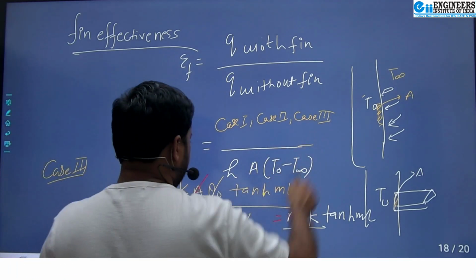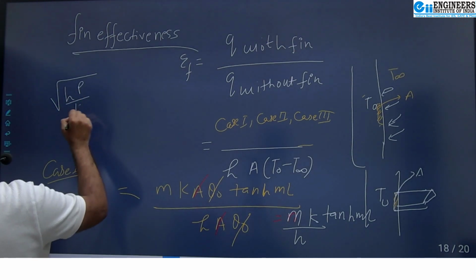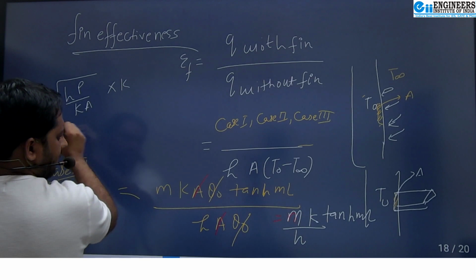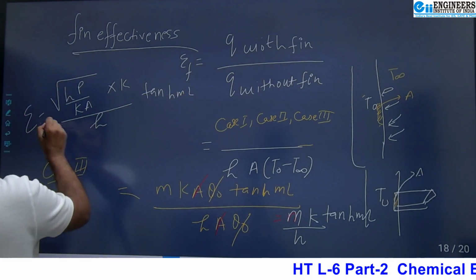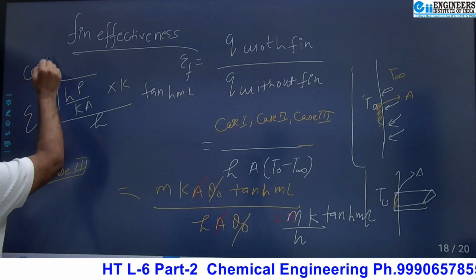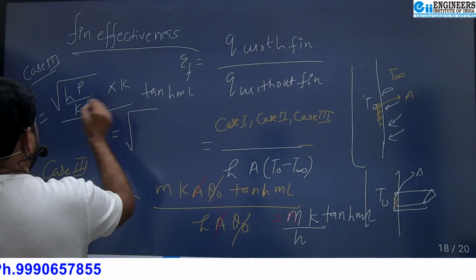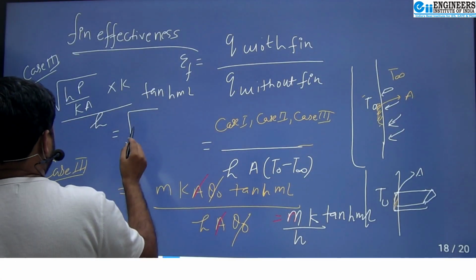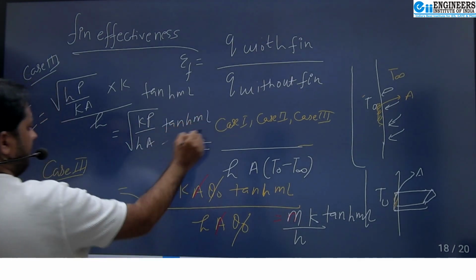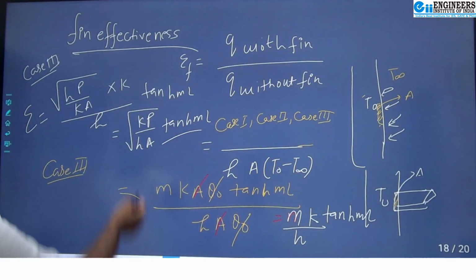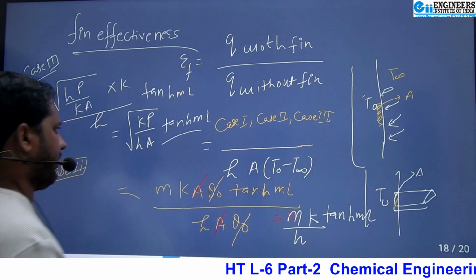For example, for case 3, we put this, and if you put the value of m as root of hP upon kA into k divided by h tanh mL, then you find the effectiveness in case 3, which is root of kP by hA into tanh mL. Similarly, for case 1 or case 2, you can find out the effectiveness of the fin.